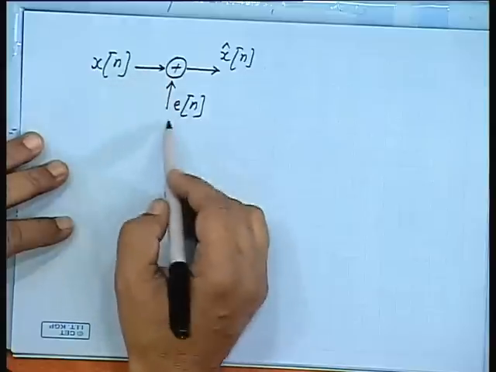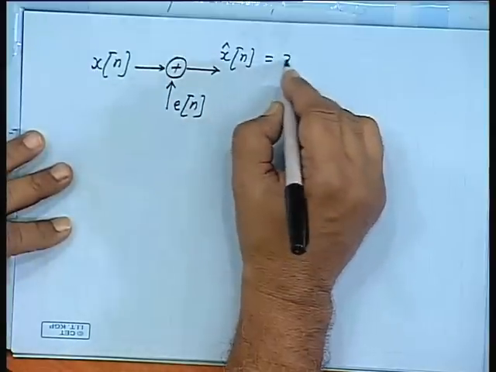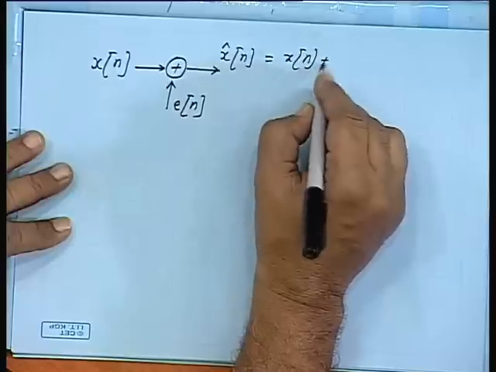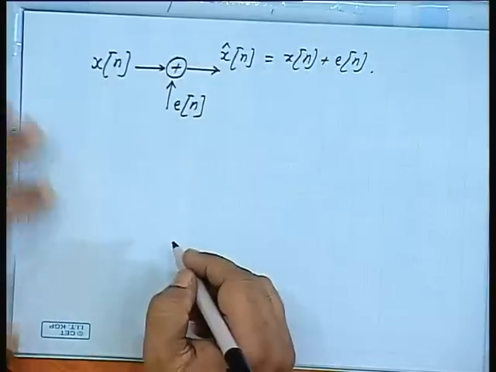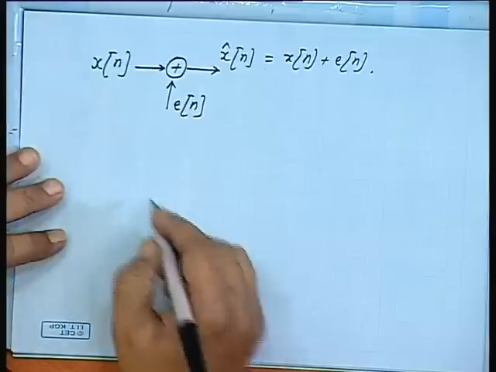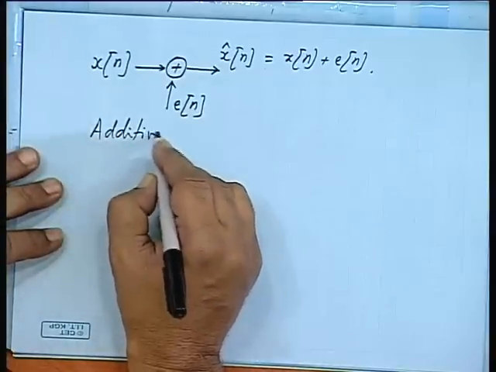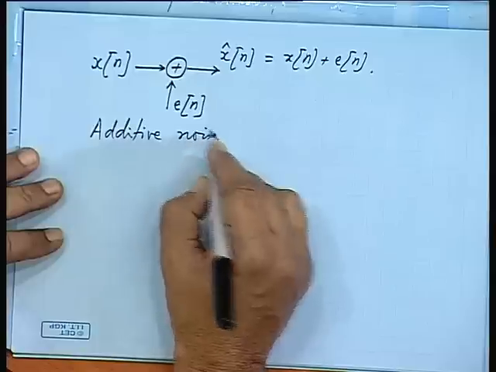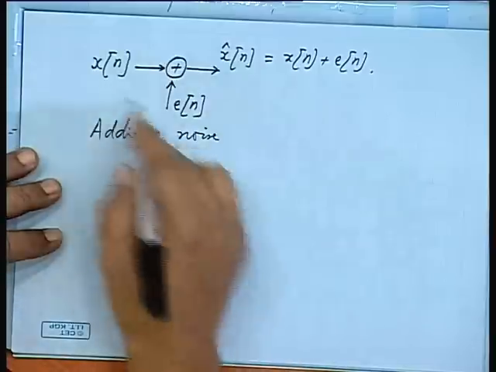We can write xn plus En is equal to x hat n. Now, this is known as additive noise. So, this is the model for the quantizer.